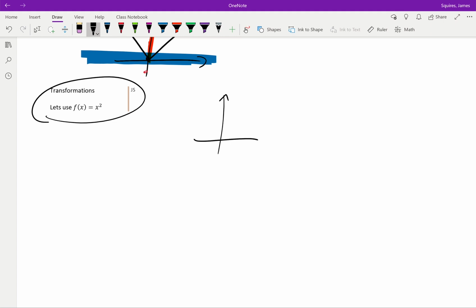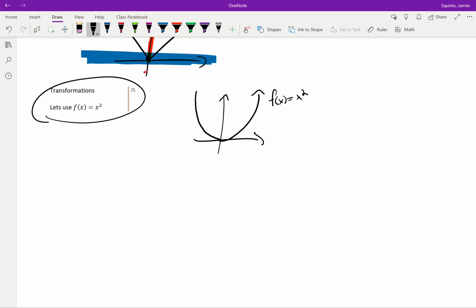So let's graph what the f of x equals x squared function looks like. And that is f of x equals x squared. Alright, so let's go over some basics.